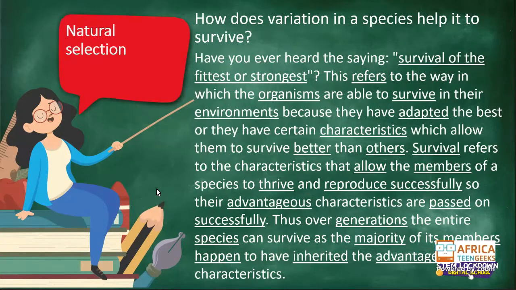So the ones that are going to survive are obviously going to be the ones that will reproduce. The ones that will not survive will not be able to reproduce because they won't survive. And what happens is those that are able to survive and that have the traits that can help them survive, when they reproduce, are going to be passing on those traits to their offspring.